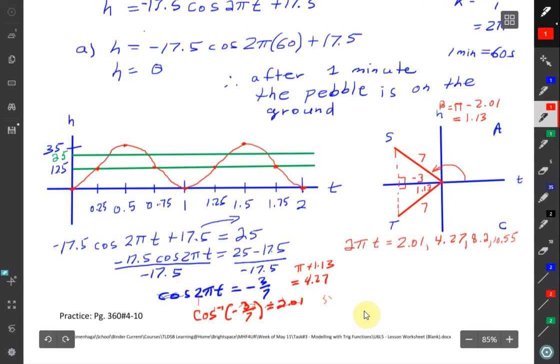Now, last step is, and then we'll have t and we'll be able to write our intervals. We need to divide each of these by 2 pi. Now, normally I wouldn't have to show that, and I wouldn't expect you to. You could just go ahead and do the calculation, but let's just show it for the notes here. So all of these are being basically divided by 2 pi to get t.